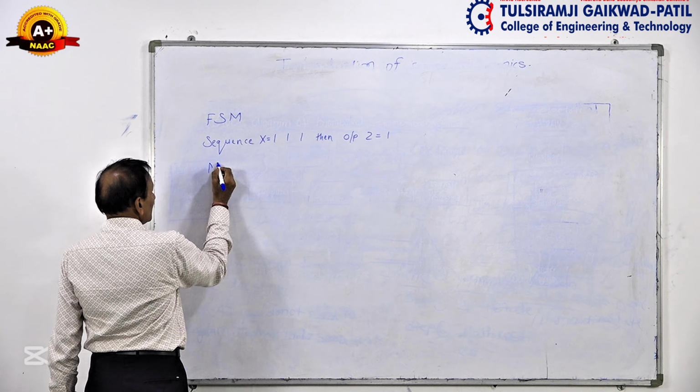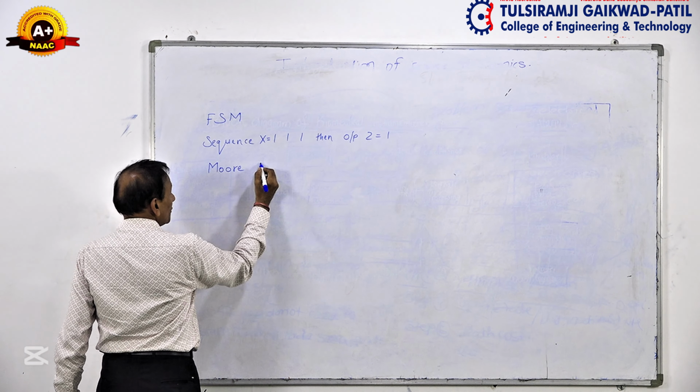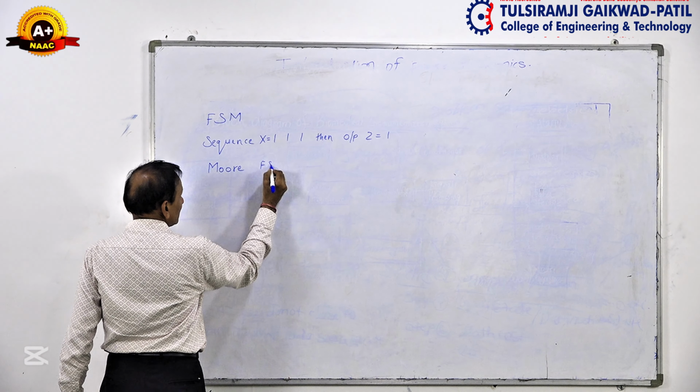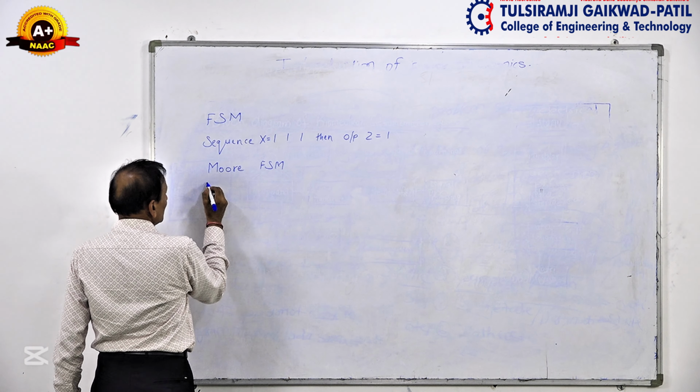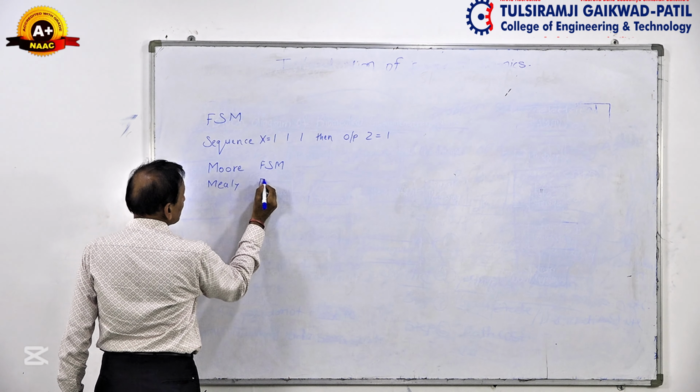One is called Moore finite state machine, and the second one is called Mealy finite state machine.